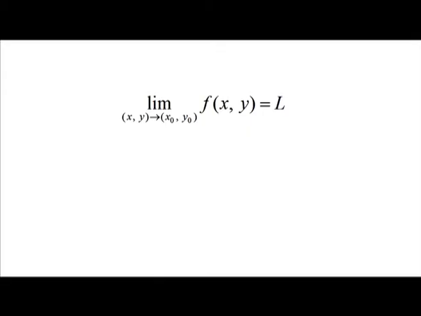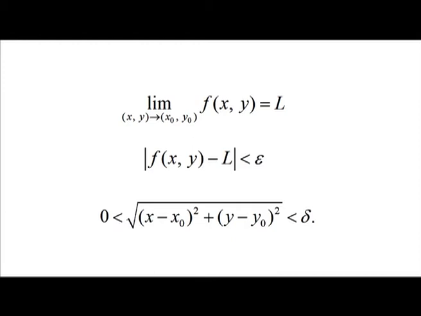The limit as (x,y) approaches (x0,y0) of f(x,y) is equal to L if for every number epsilon greater than 0 there exists a corresponding number delta greater than 0 such that f(x,y) satisfies |f(x,y) − L| < epsilon whenever the distance between (x,y) and (x0,y0) satisfies 0 < sqrt((x − x0)² + (y − y0)²) < delta.